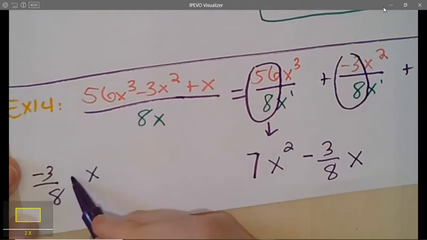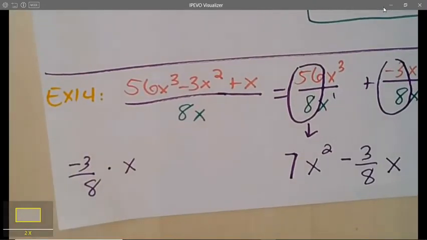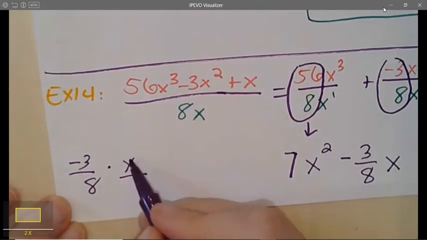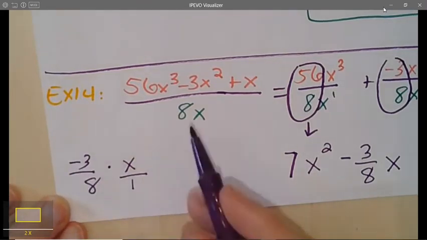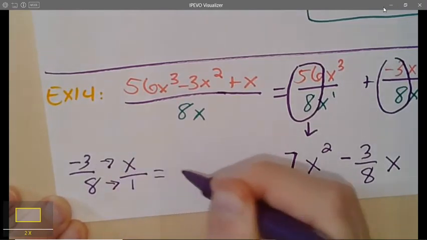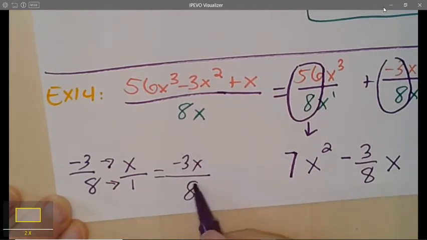So these are multiplying technically. So we're multiplying negative 3 over 8 times x, and if I don't have a denominator, that means x is secretly over 1. So another way you can write this, when you multiply fractions, you go straight across. Negative 3 times x is negative 3x, over 8 times 1 is 8.